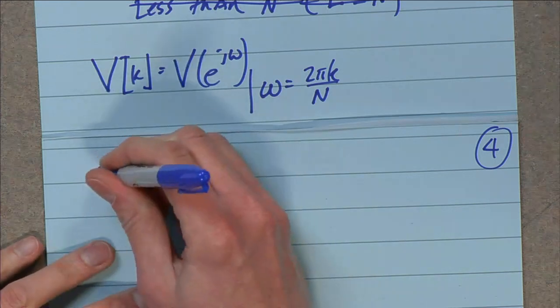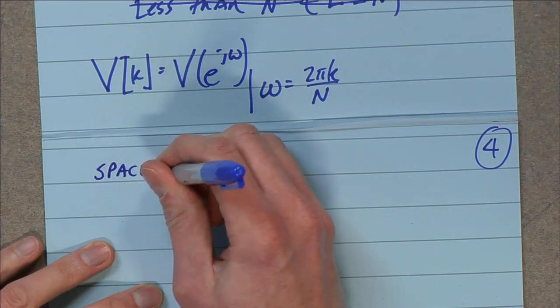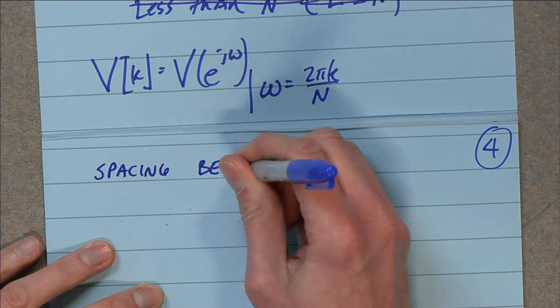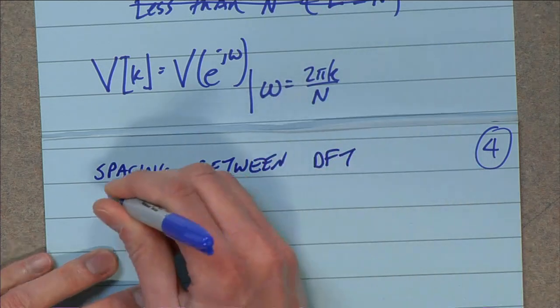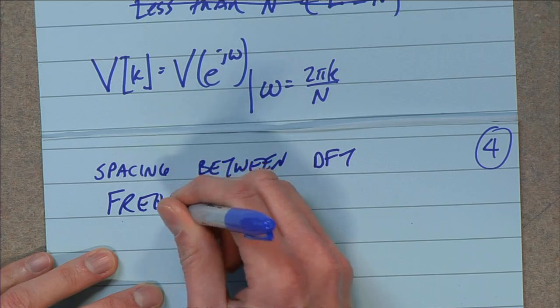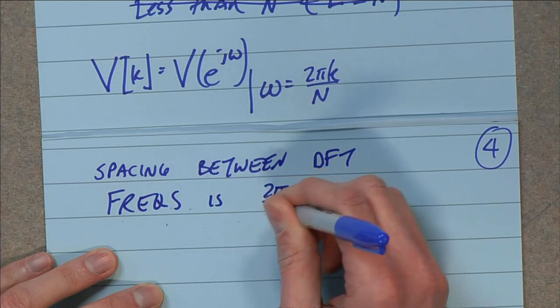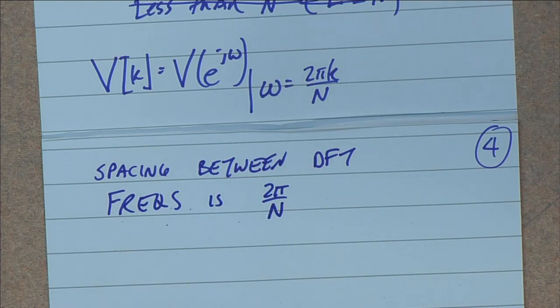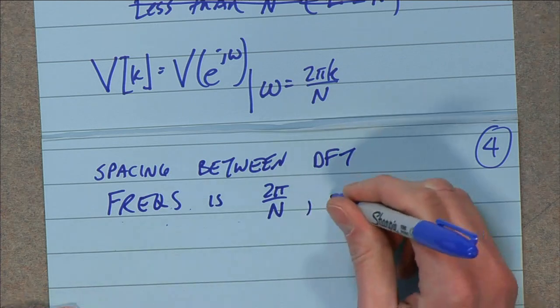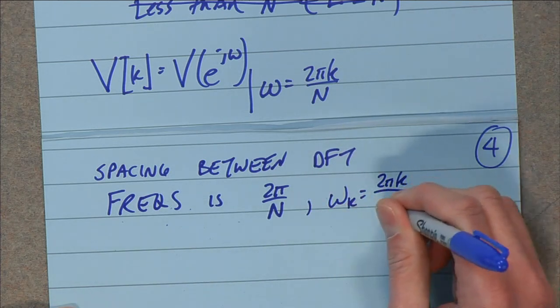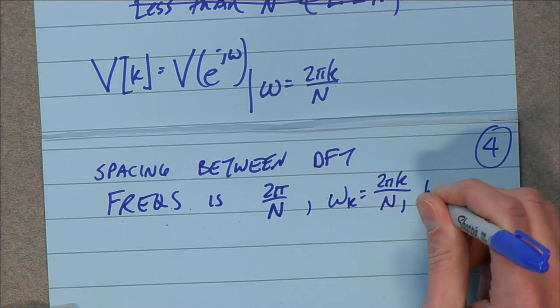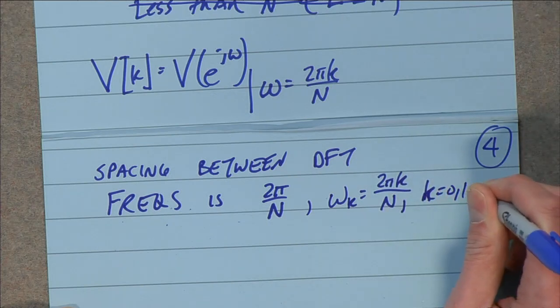So the spacing between DFT frequencies is just 2 pi over N, right? And that was the fact that omega k was 2 pi k over N, where k is 0, 1, and so on.